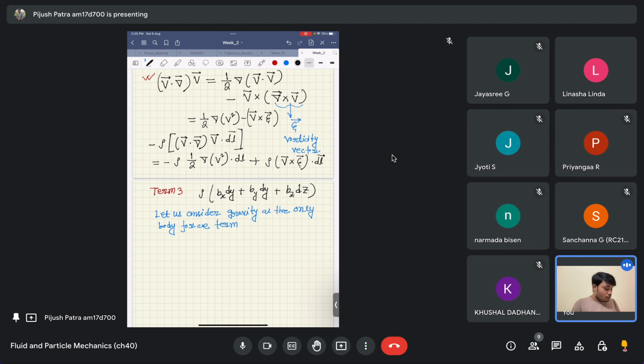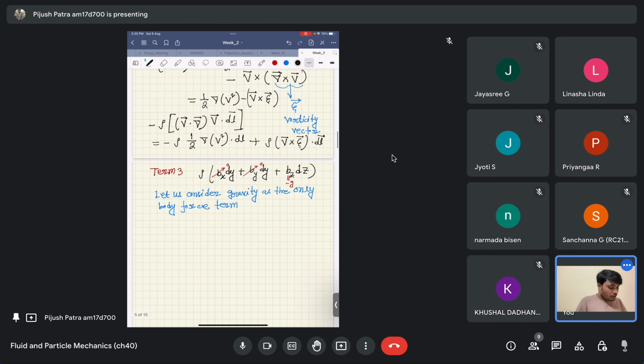So what will be term 3 in that case? This bx is equal to 0, by is equal to 0, this bz will be equal to minus g. So term 3 then reduces to minus rho g into dz. That is term 3.